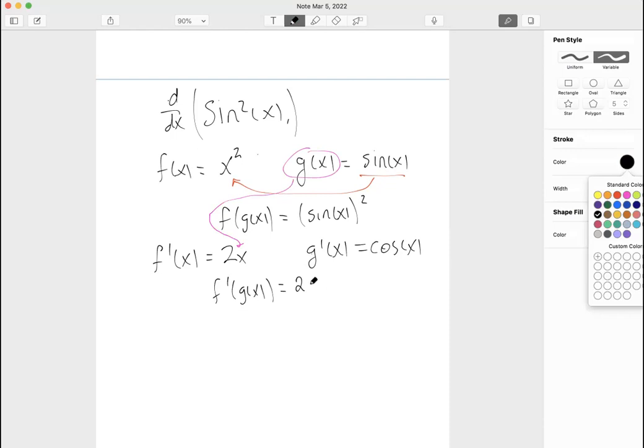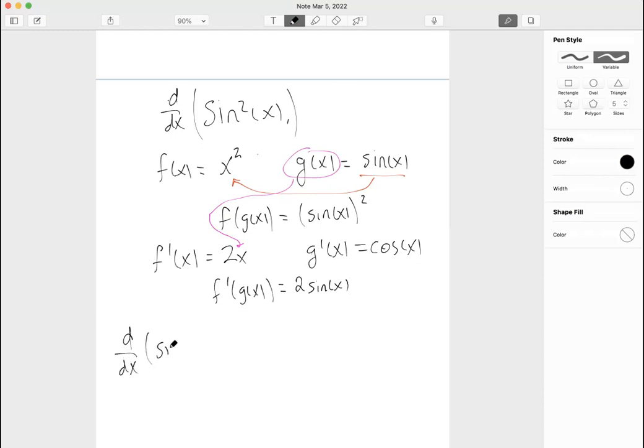So 2 sine. Okay, so in our chain rule formula, it's 2 sine and cosine.